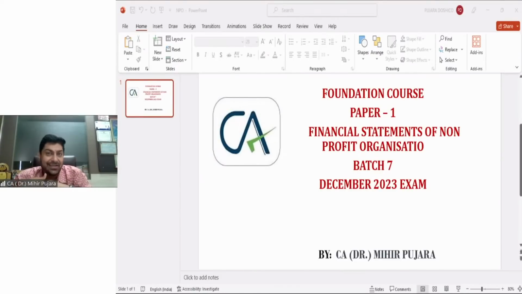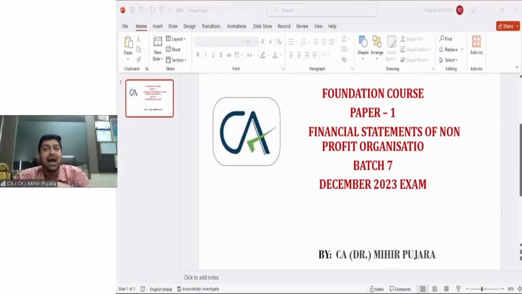Second, income and expenditure account, which is same as profit and loss. And third is a balance sheet, which is our routine balance sheet. So we will prepare RNP, that is receipt and payment, INE, that is income and expenditure, and the balance sheet, what we used to prepare in every chapter.